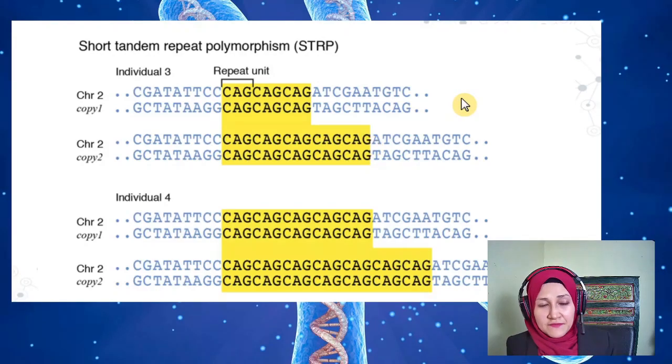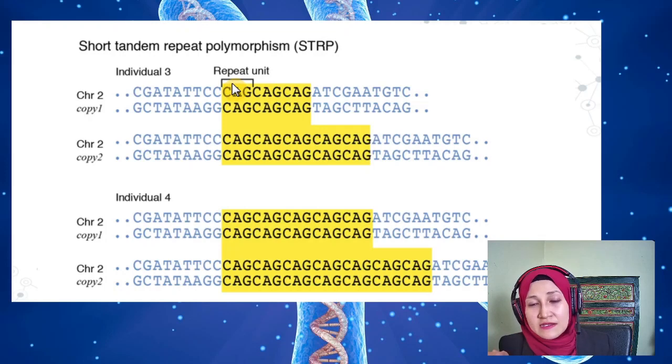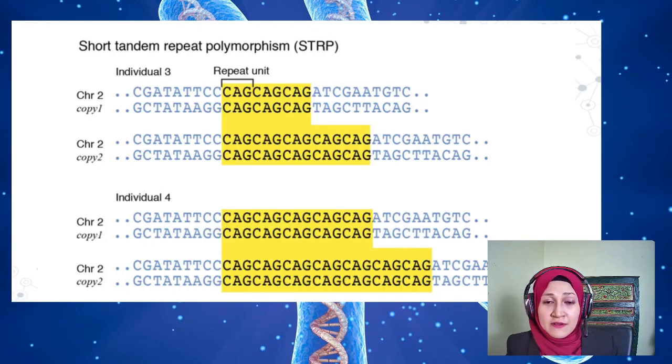So the relevance of this repeat region is that when these specific repeat units are actually the codons encoding for certain proteins or certain amino acids, the expression of that amino acid or that protein is higher than in a person who does not have this repeat.